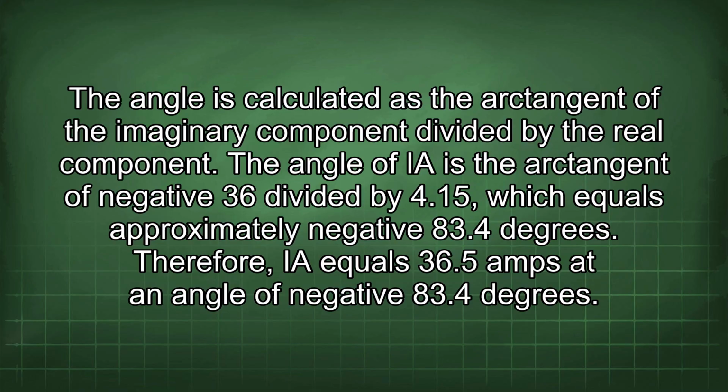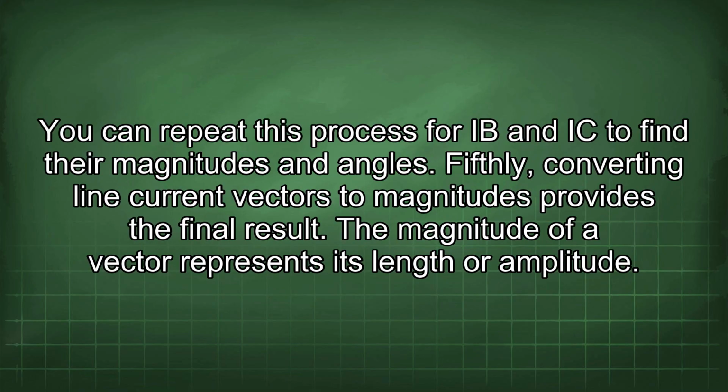The angle of IA is the arctangent of negative 36 divided by 4.15, which equals approximately negative 83.4 degrees. Therefore, IA equals 36.5 amps at an angle of negative 83.4 degrees. You can repeat this process for IB and IC to find their magnitudes and angles.